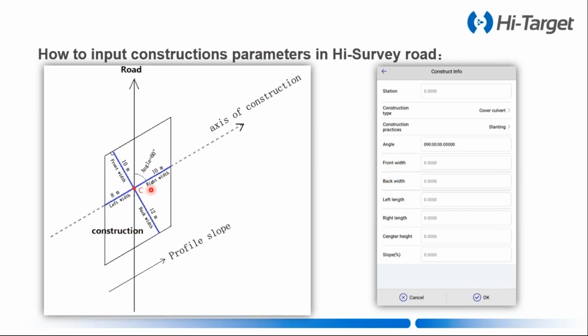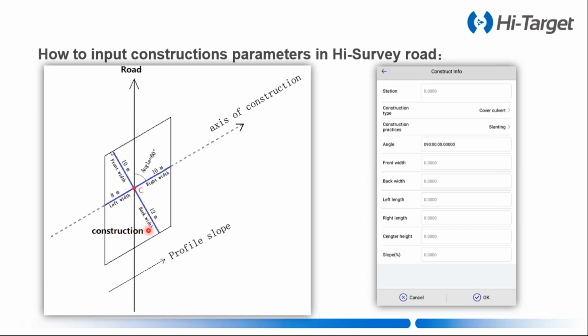Let's see the picture on the left side here. There are blue lines, and there is also a point C here. The point C means the intersection of the X and the road.